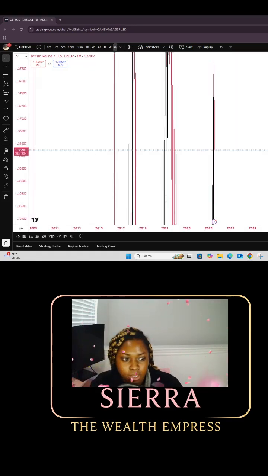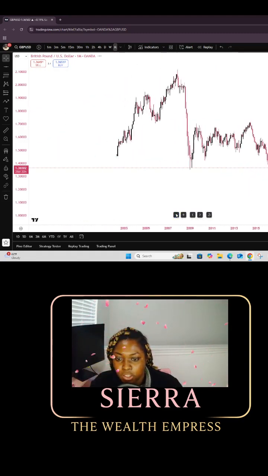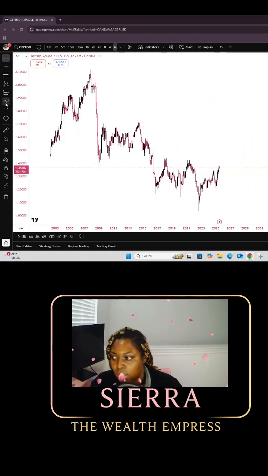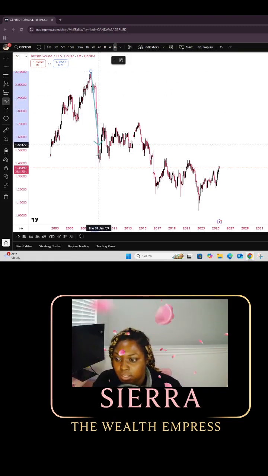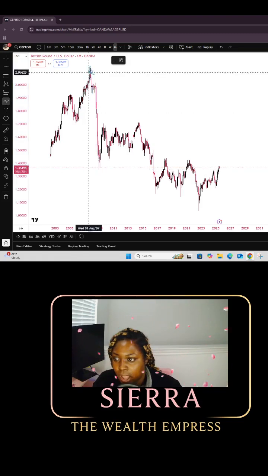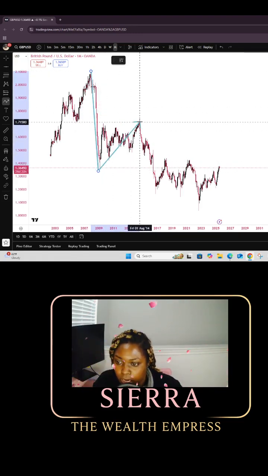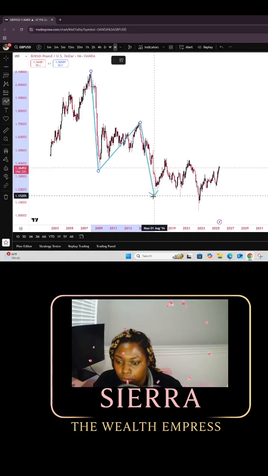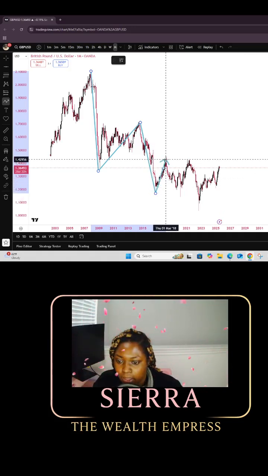Let's go back to the monthly. Okay. And I'm identifying my structure points again on the monthly. So I'd like to take my pattern tool, right? And this is my high, my low, okay? My pullback was here. Now it's a lower low, okay? And then this is the pullback, all right?